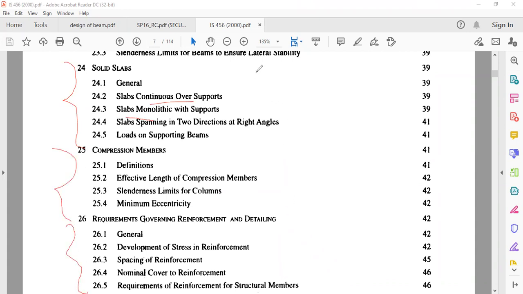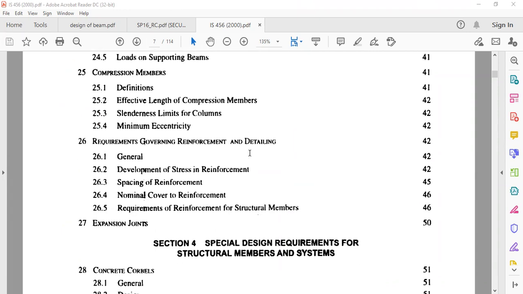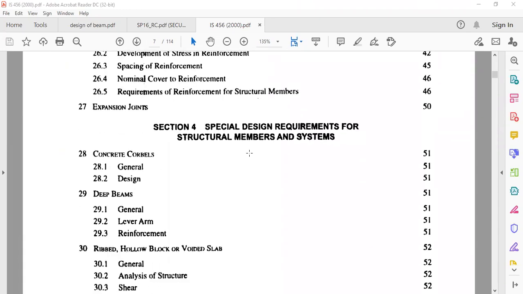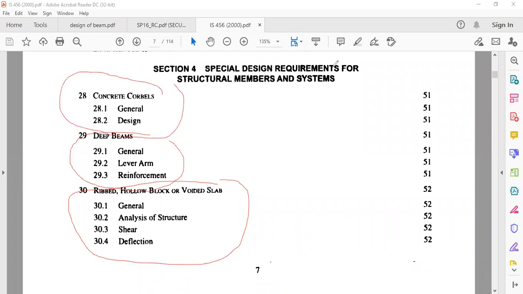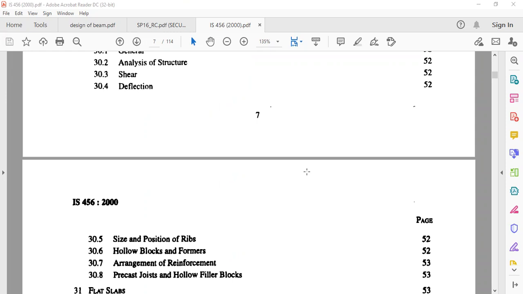So these are separate parts related to the different sections we are going to consider. Then special design requirements for structural members and systems. Apart from that, there are other beams also, like deep beam, voided, hollow and rib slabs, concrete corbels, and what the considerations for them are, they are also mentioned.